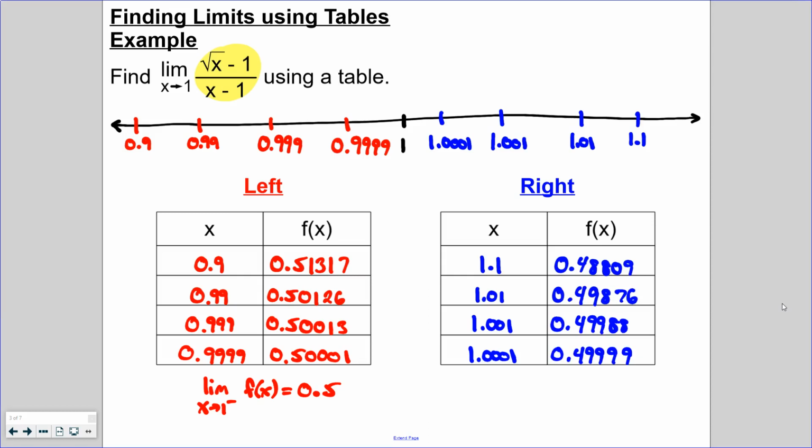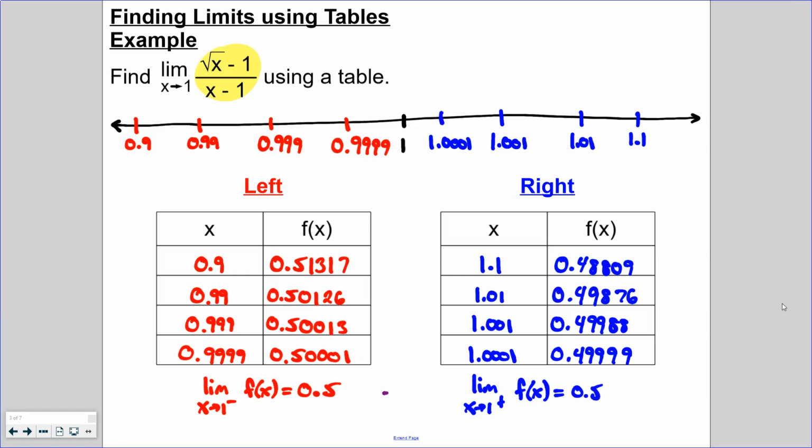And it would appear that as our x values get closer and closer to 1, or as x approaches 1, our f of x approaches 0.5 as well. So therefore, the limit as x approaches 1 from the right of f of x also equals 0.5.